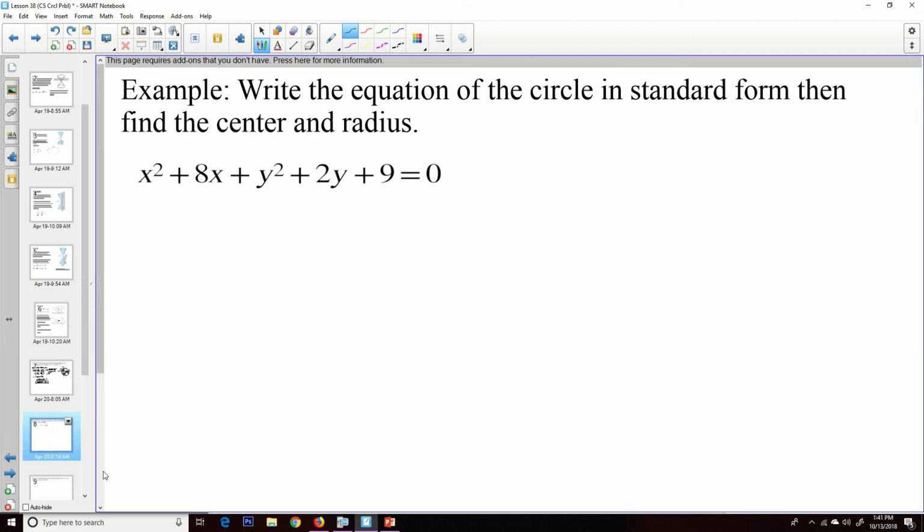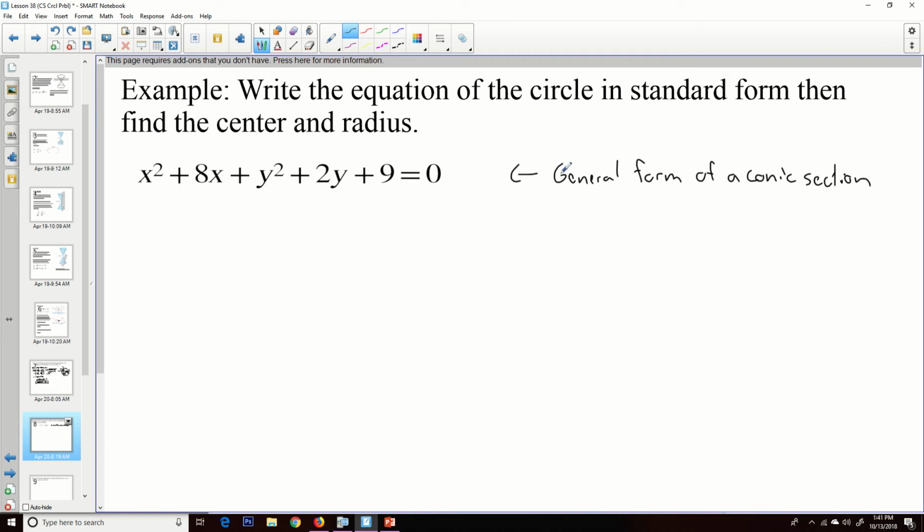The next example here is write the equation of the circle in standard form and then find the center and radius. And so this is the general form of a conic. And we know that it's a circle because the x squared term and the y squared term are the same.